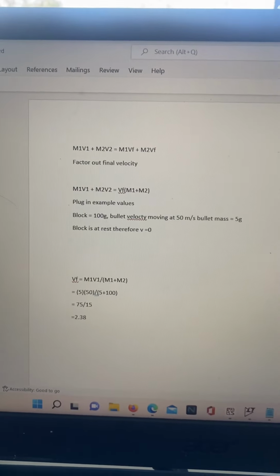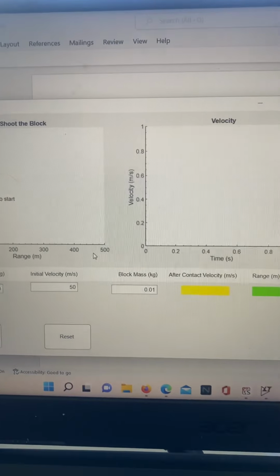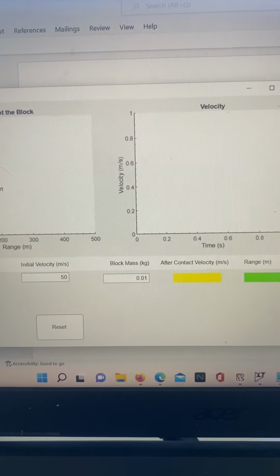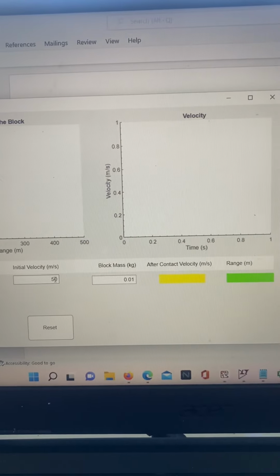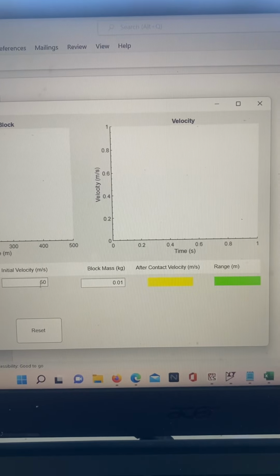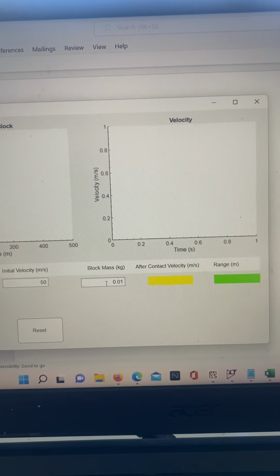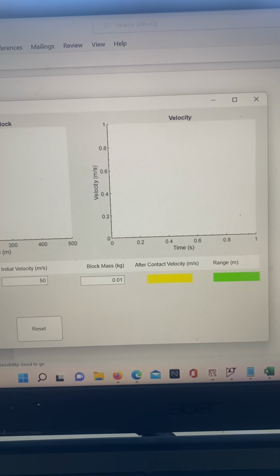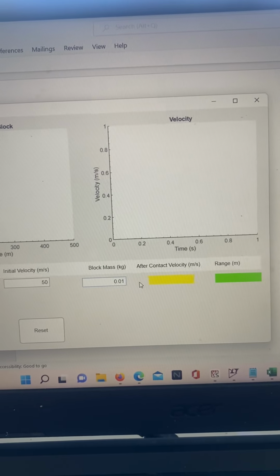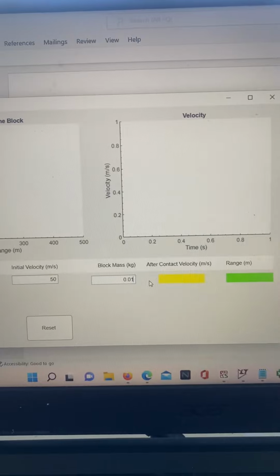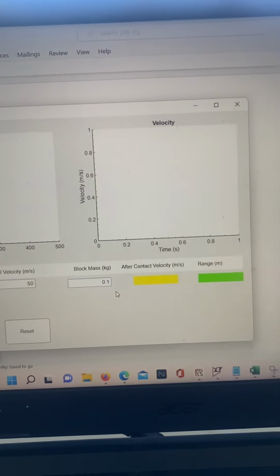Now going back to Matlab, I'm right over here. I'm going to go to the app, and we agreed that the bullet mass would be 5 grams. Initial velocity will be 50. All right, so 5 times 50 divided by 5 plus the mass of the block, and we said it was going to be 100 grams, which is 0.1 kilograms.